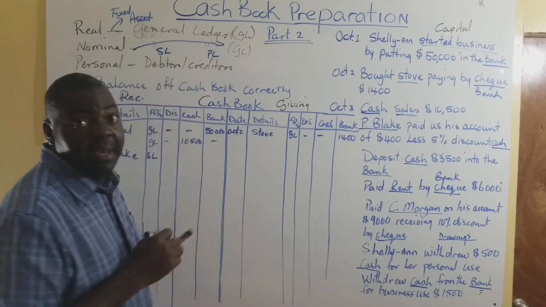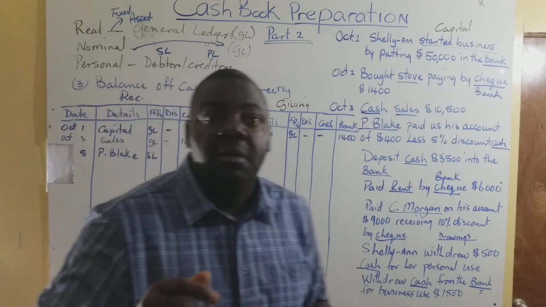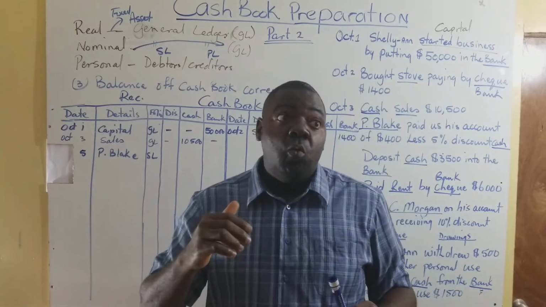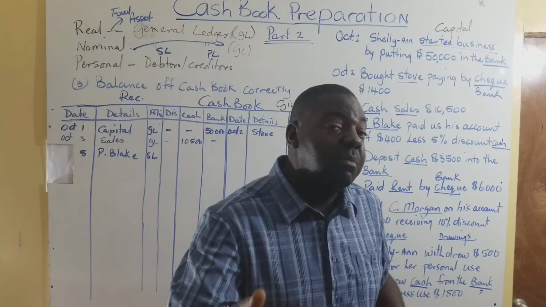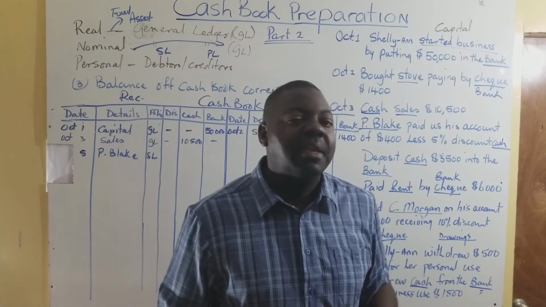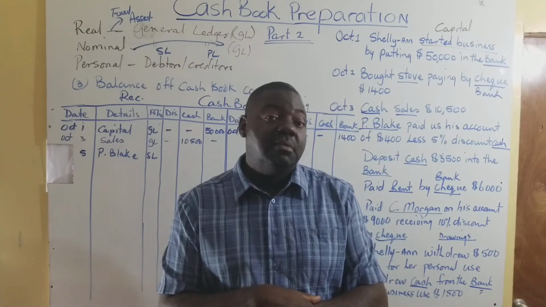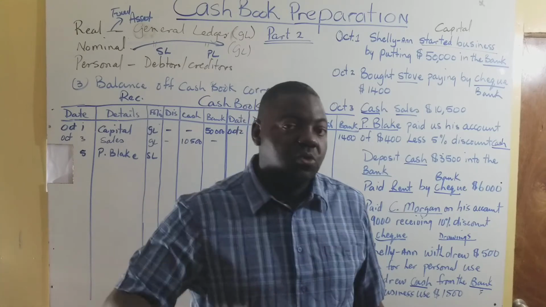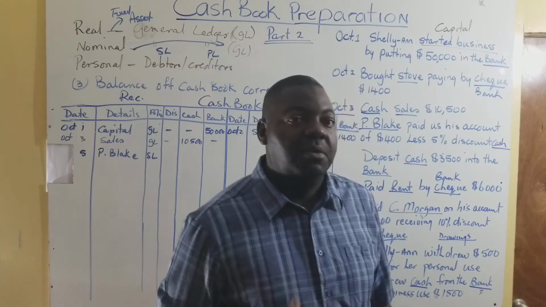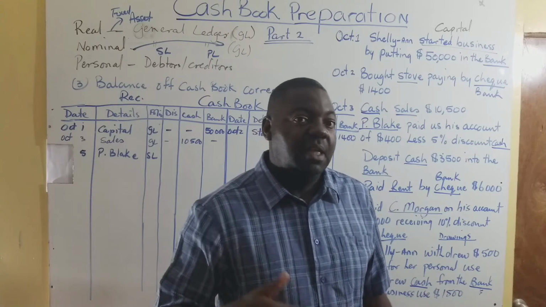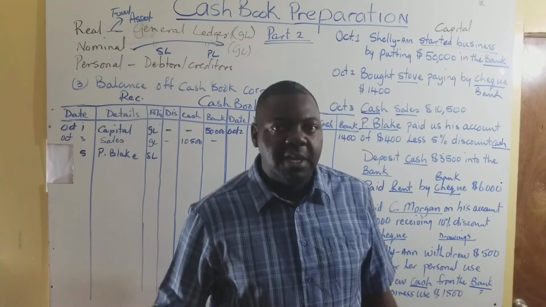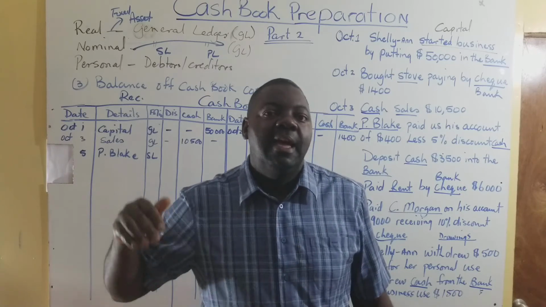Alright, did you all get that? I hope you all got that. He is paying us because we would have sold to him goods on credit. That's the only way he would have paid us. And if we had sold goods to him on credit, then it is a credit sale. And credit sales are recorded in the sales ledger.